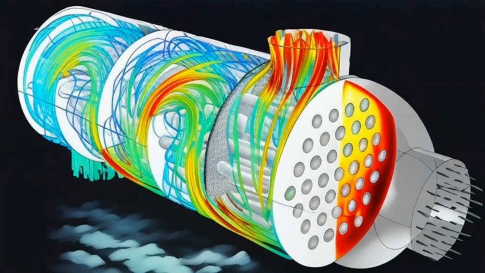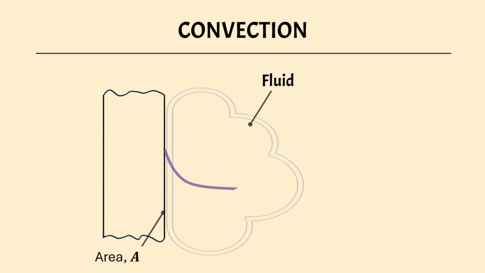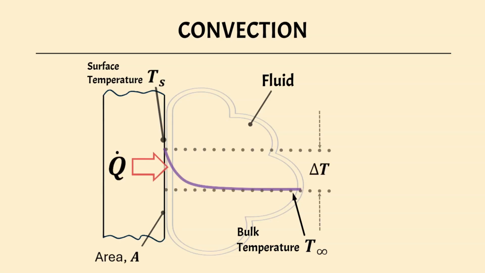Now, to convection. This involves bulk movement of fluids, being primarily responsible for heat transport in this case. Consider a solid object with its exposed surface in contact with a fluid. If the fluid's bulk temperature is lower than the surface temperature, we observe a declining temperature profile through the fluid. This drives heat flow from the solid object into the fluid.